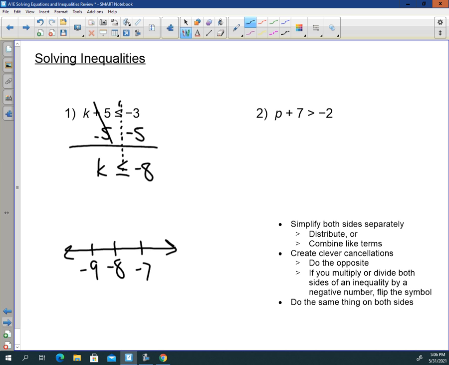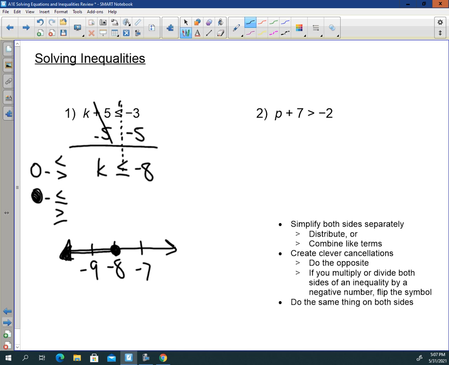Now, this k is less than or equal to negative 8. Remember how we had the open dots and the closed dots? Open looked like this or that, and closed looked like these or those. And so this is a closed dot situation. And then k is less than negative 8, and so we're going to color this direction, and there's your graphing.